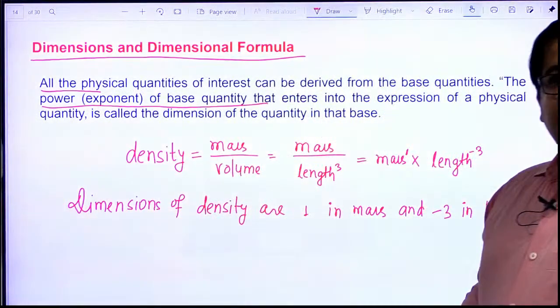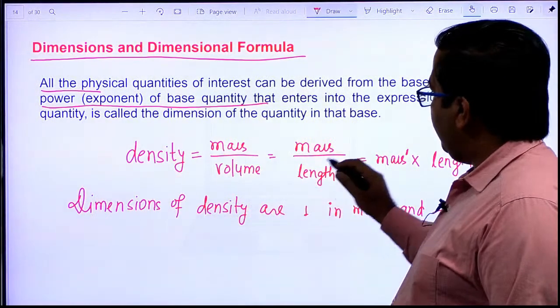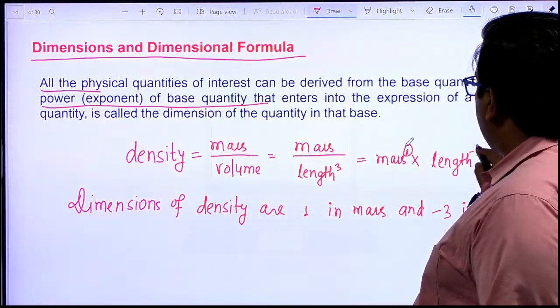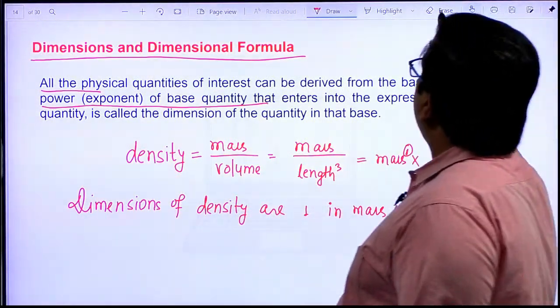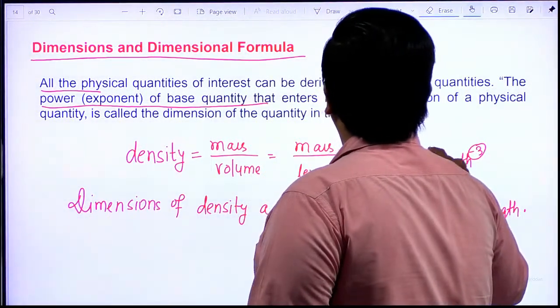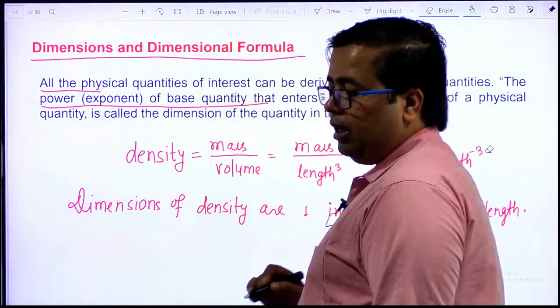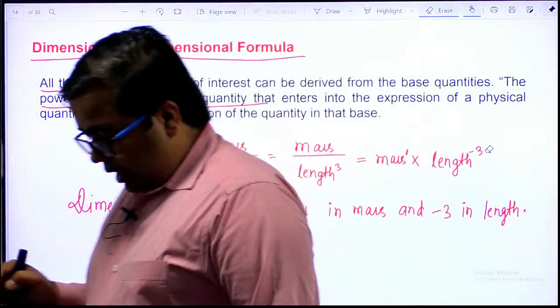These powers of mass and length are the dimensions of density.